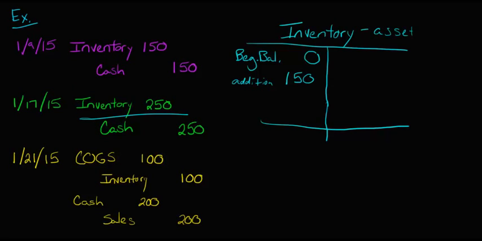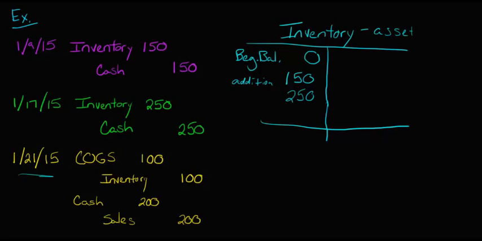How do we know it's increasing? Because it's a debit. The credits are indented, as we talked about, and the debits are the ones that are not indented. So we've got a debit of inventory of $250. Remember, debit means left, so it ends up on the left side in our T account.